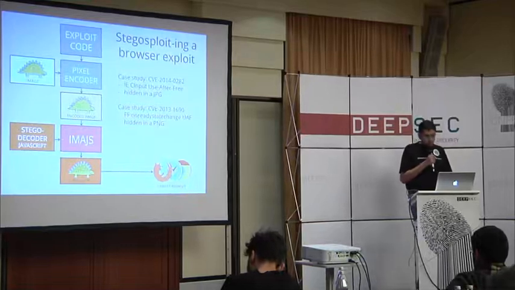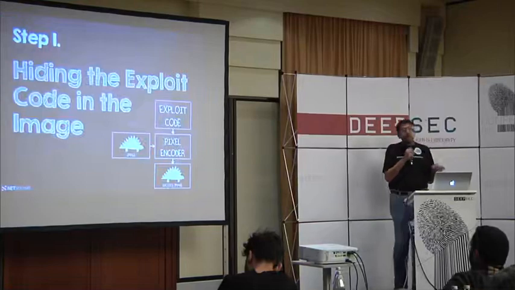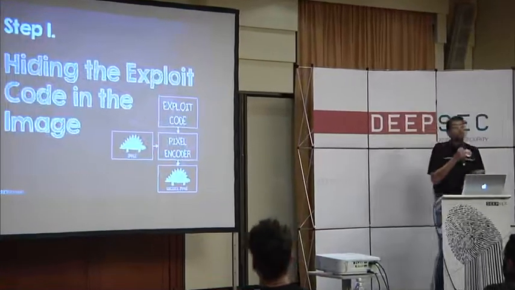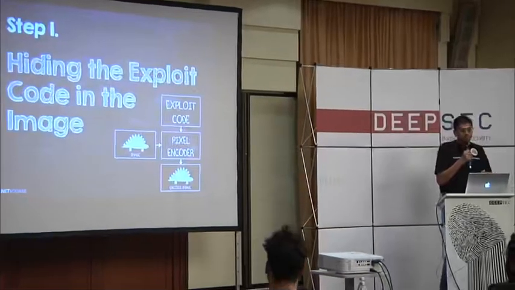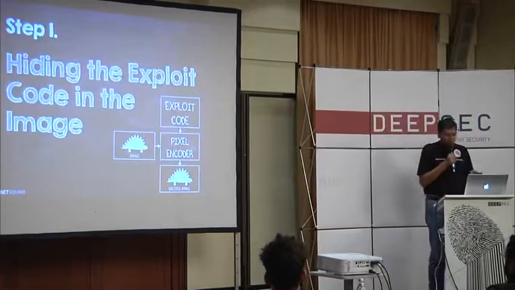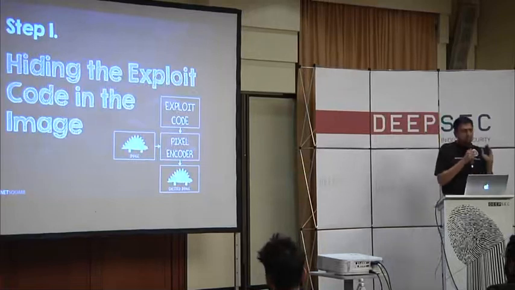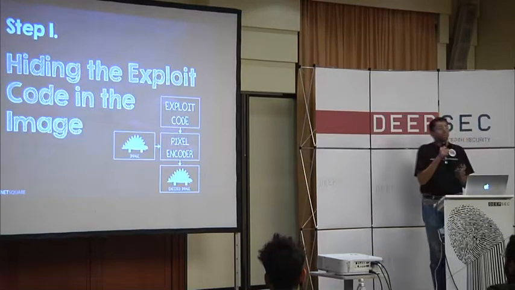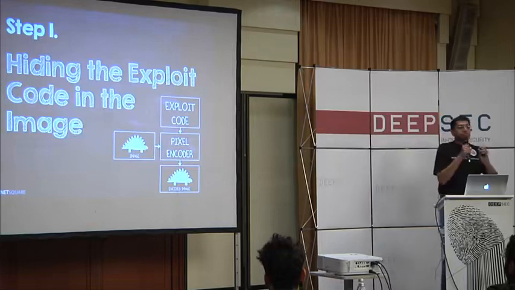I have some demos. First, we'll talk about how to hide exploit code in images, the basic concepts of steganography. It's very simple, and this will take you a little bit into image theory. Images are basically made out of colors and pixels.